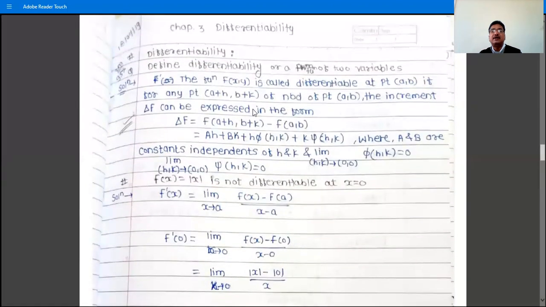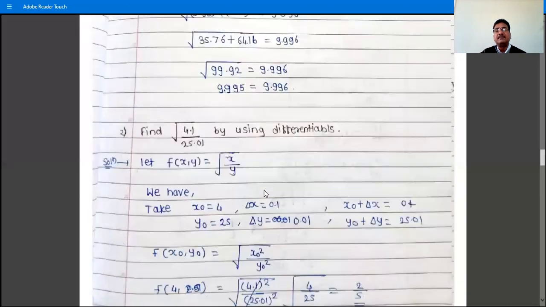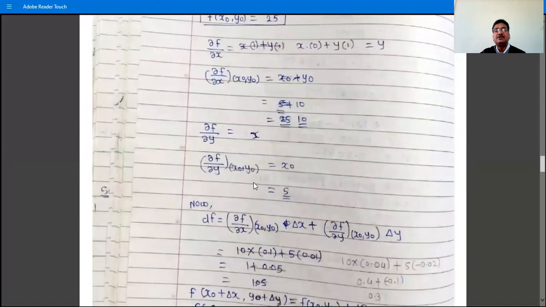So another form of the definition is: the function f(x, y) is differentiable at (a, b) if f(a+h, b+k) − f(a, b) can be expressed in the form h·fx(a, b) + k·fy(a, b) + hφ(h, k) + kψ(h, k), where φ and ψ tend to 0 as (h, k) tends to (0, 0). So this is another form of the definition of differentiability. This is the necessary condition of differentiability.